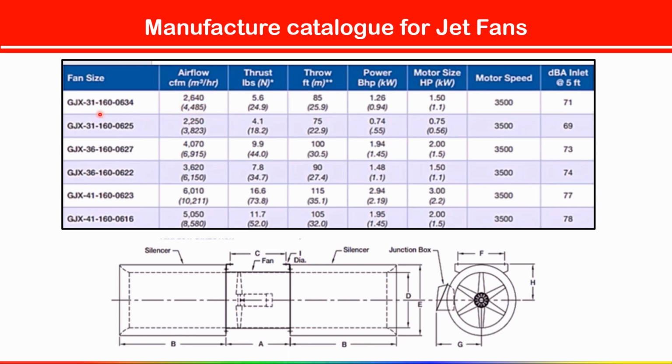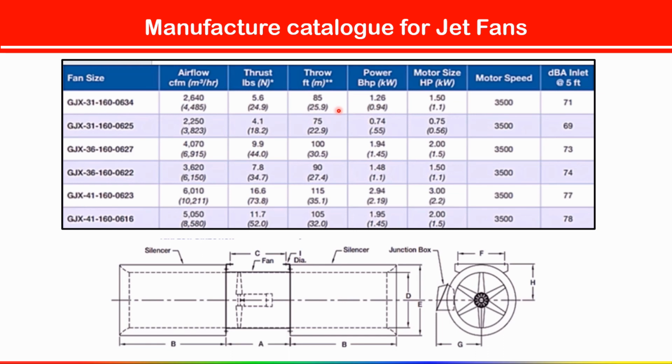Fan size is given and thrust is 24.9, which means around 25 Newton thrust fan we have to select. Then this fan can throw the air 25.9 meter.